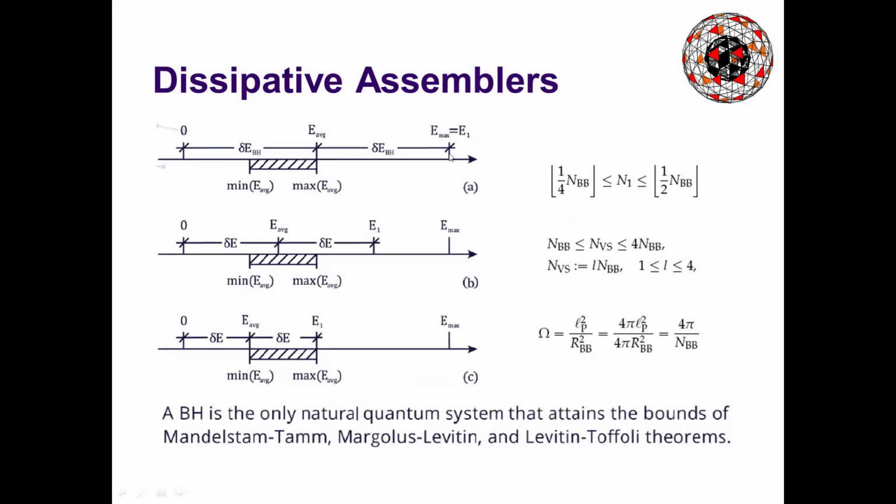The first one is a black hole with Emax, the maximum energy of the system. The black hole energy, provided by the mass-energy equivalence, is also equal to the E1 energy state, and the average energy equals the energy standard deviation.